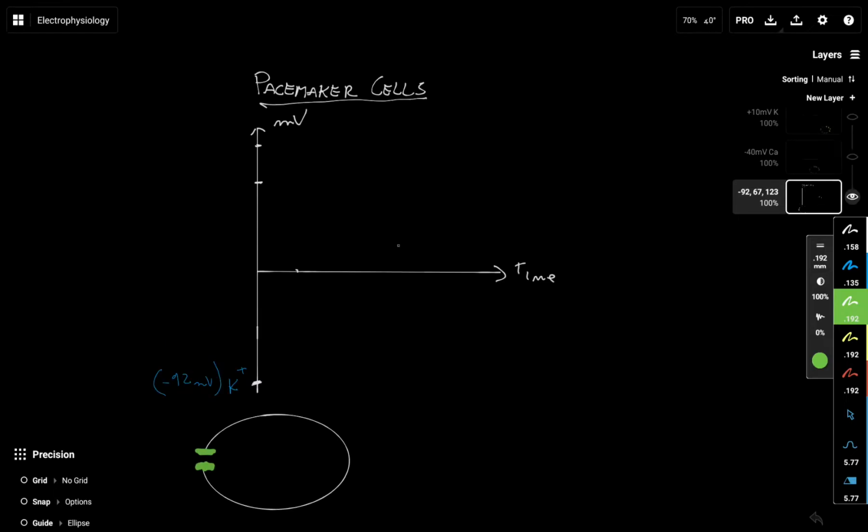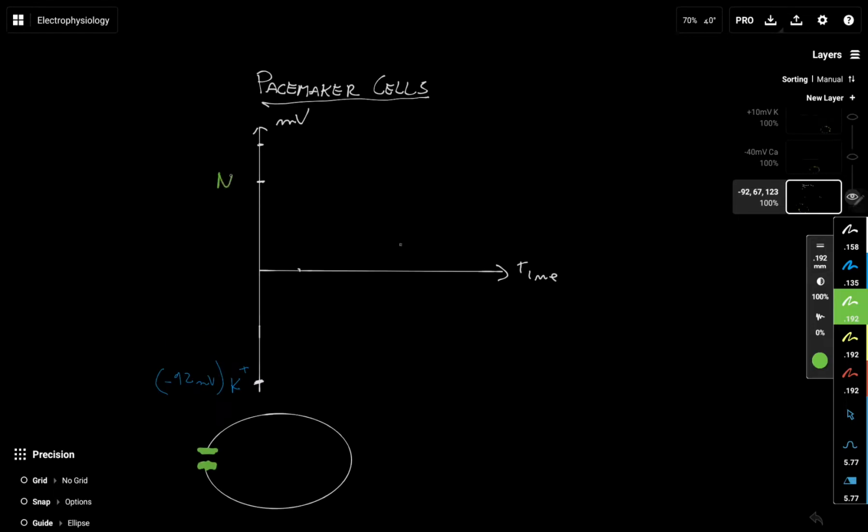Next we're going to put sodium up here, at plus 67 millivolts. This means if it was only sodium going in and out of the cell, that's where the resting membrane potential would be, at plus 67 millivolts, so sodium always wants to push towards that plus 67.